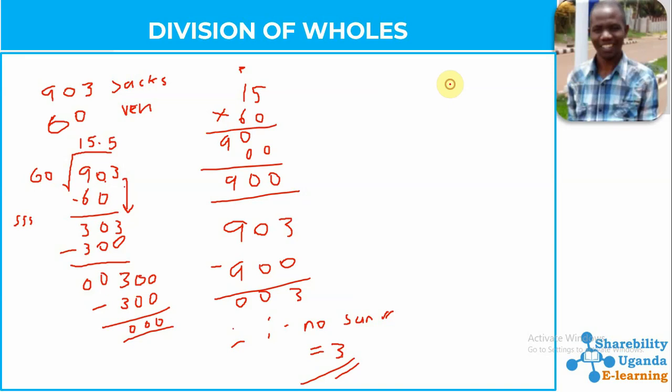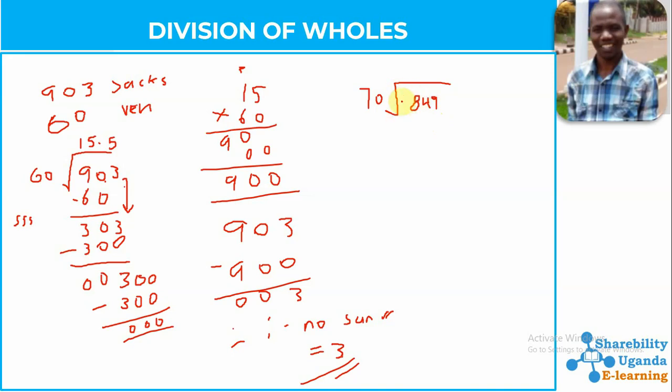We have our number, which is 70 dozens, by the total pens, which is 849. We divide that and we see how many he is able to get.